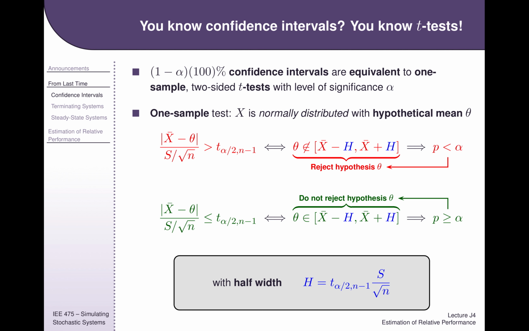If you go to other classes, some people might say that a 95% confidence interval means that if you were to take the data 100 times, and each time generate a confidence interval, giving you 100 confidence intervals, then the true mean would be in 95 of those 100 confidence intervals. That's another way to interpret what a confidence interval is. Whichever one is more comfortable to you is fine, they're equivalent.